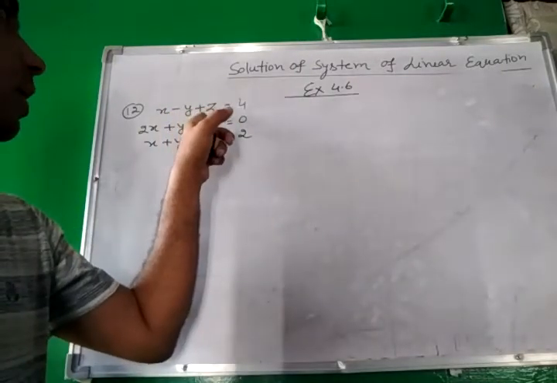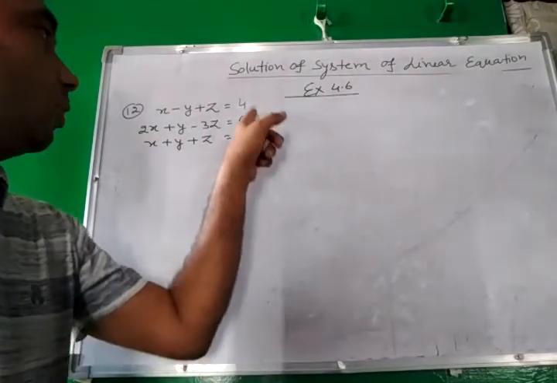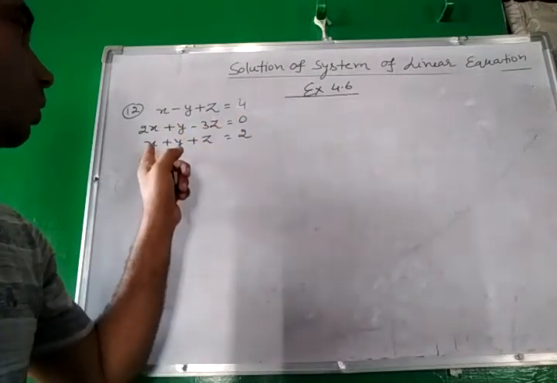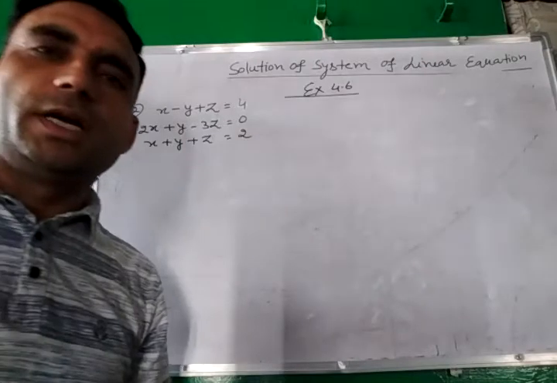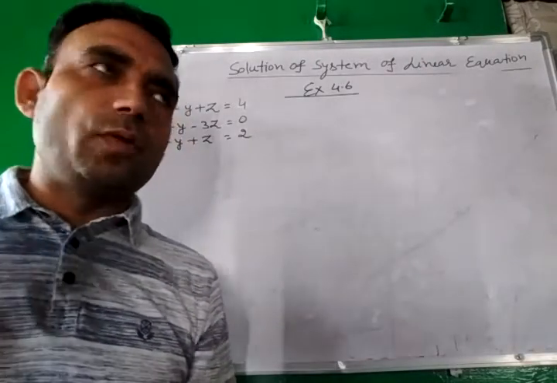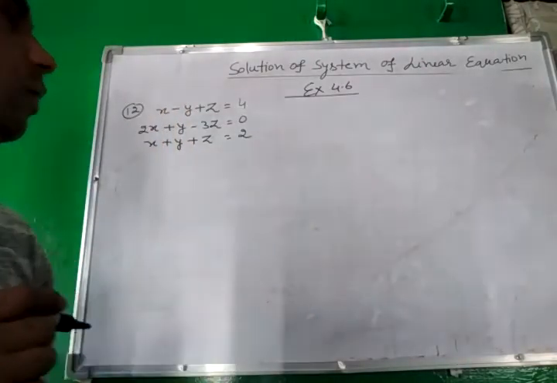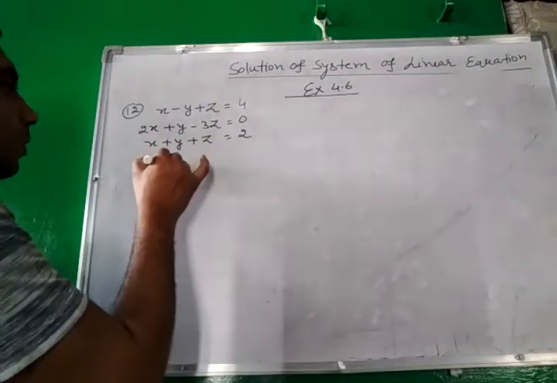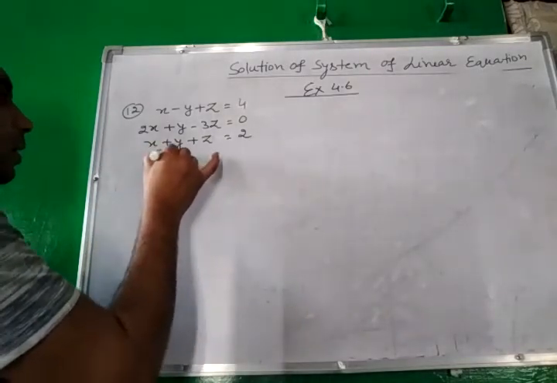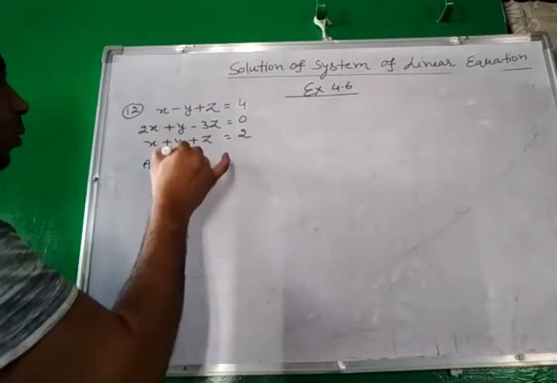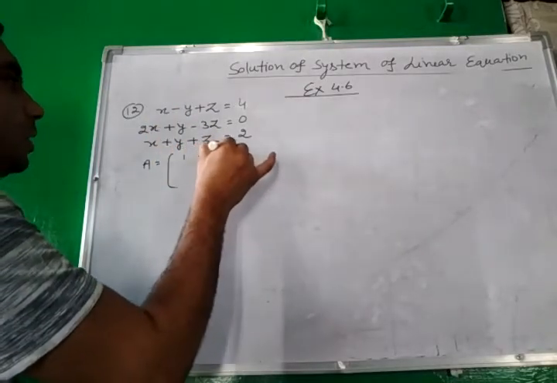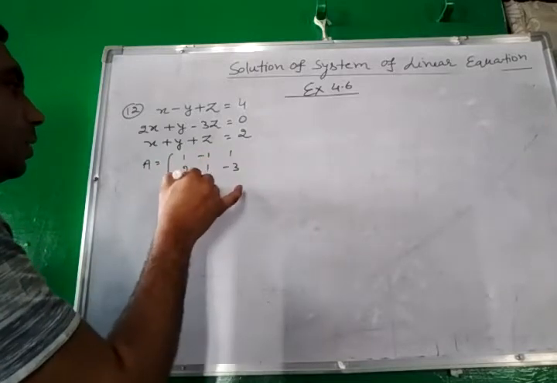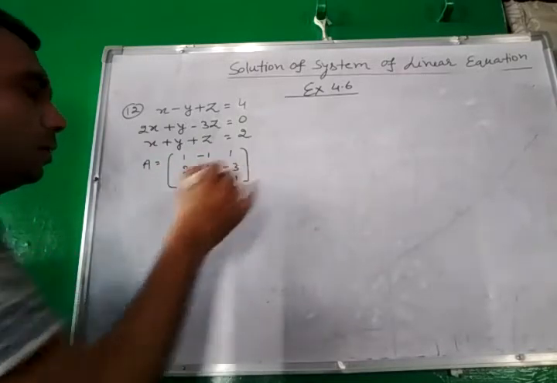Given x minus y plus z is equal to 4, 2x plus y minus 3z is equal to 0, and x plus y plus z is equal to 2. We have to find out the solution using inverse method. So first we will represent it in the form of matrix. Matrix A is the matrix of coefficients: 1, minus 1, 1, 2, 1, minus 3, 1, 1, 1.